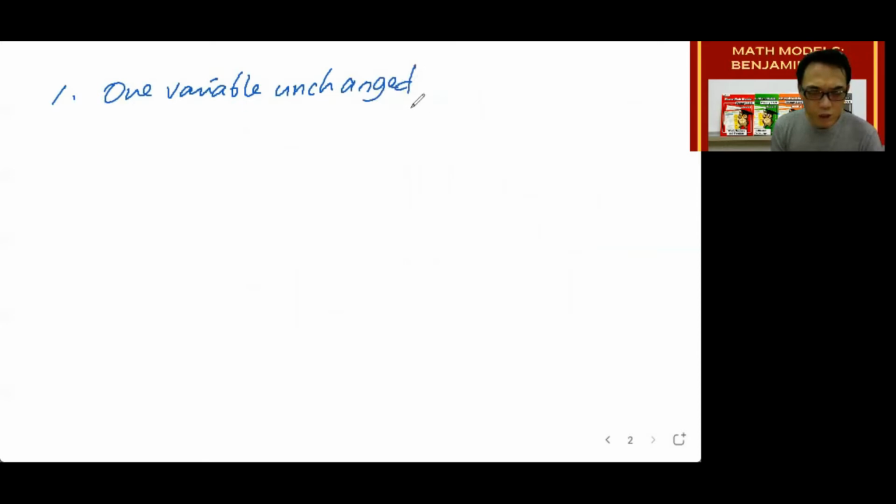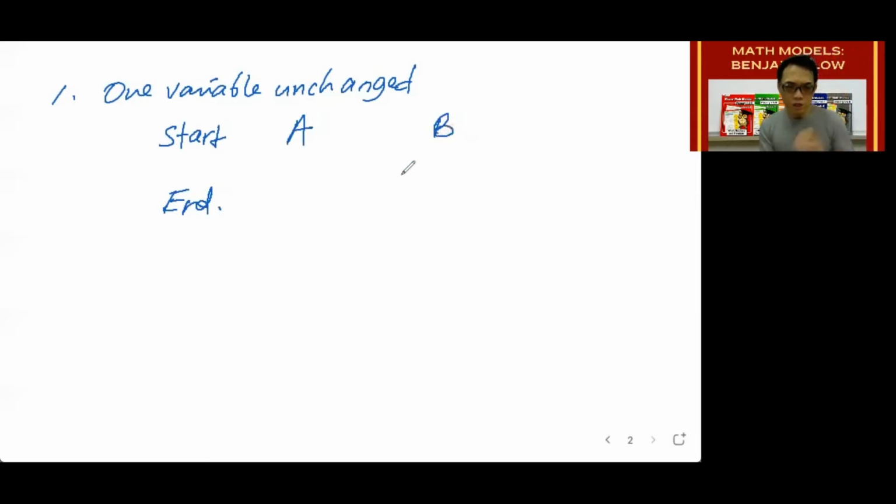And in the one variable unchanged question, generally, you'll be presented with a start and an end scenario where you'll be given 2 variables, A and B. In this type of questions, only one of the 2 variables, A or B, will be changed.